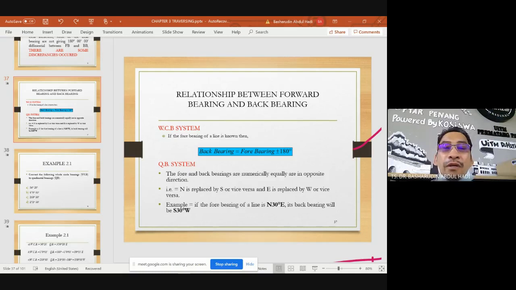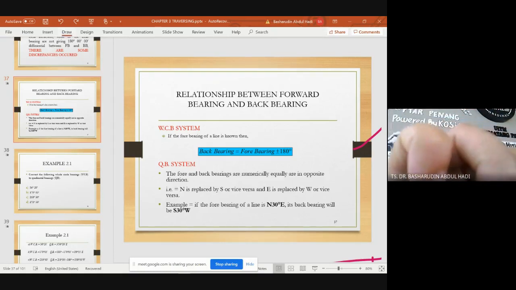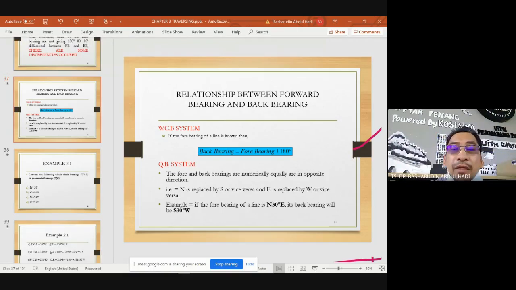For the quadrantal bearing system, the forward and back bearing are numerically equal in opposite directions. For example, north is replaced by south or vice versa, and E is replaced by W or vice versa.